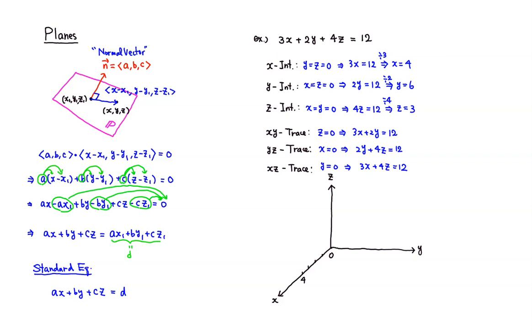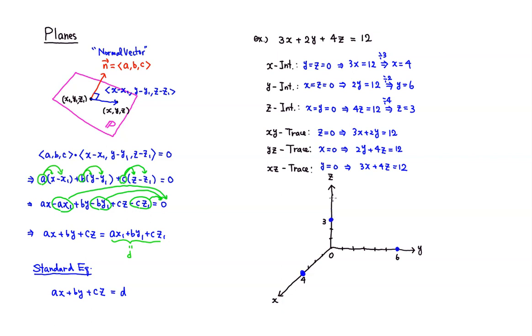So we have a point there that the plane goes through. And the y-intercept is 6, so it's going to be 1, 2, 3, 4, 5, 6. The point is going to be there. And the z-intercept is 3, so it's going to go up 1, 2, 3.